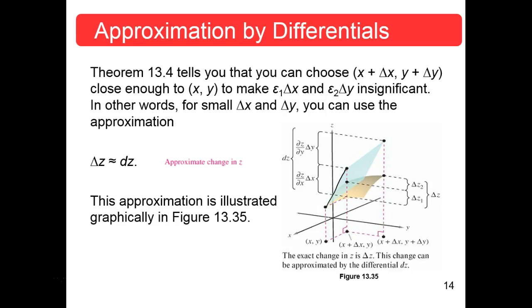Okay? And that approximation is illustrated graphically here in what I consider probably an okay graphic, but it just has so many lines in it, it's almost hard to follow. Okay? Here is your original point, x, y.